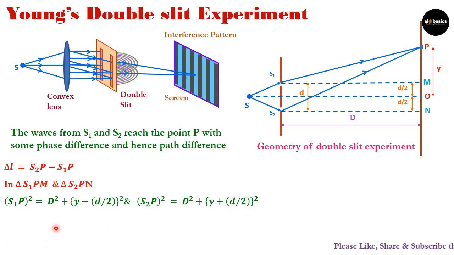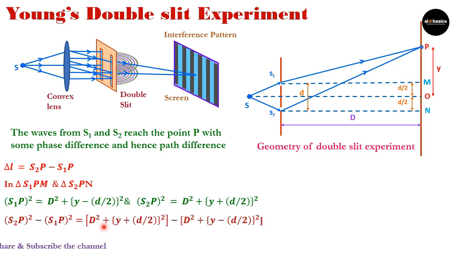Now I have S1P square and S2P square. By subtracting these two equations, we get S2P square minus S1P square is equal to D square plus (y plus d/2) whole square minus D square plus (y minus d/2) whole square.